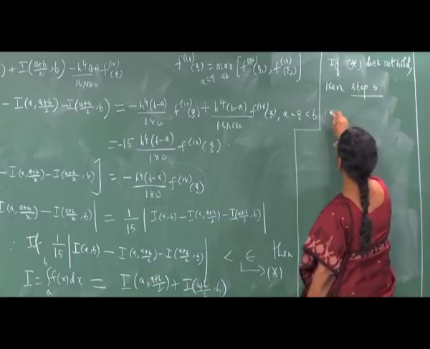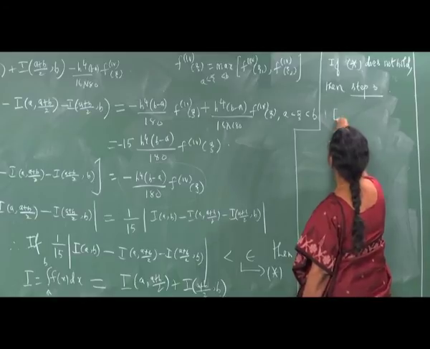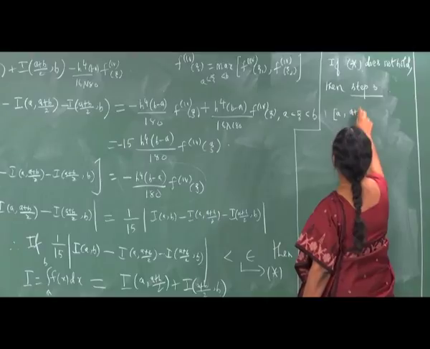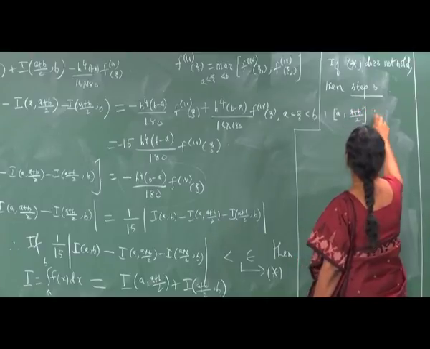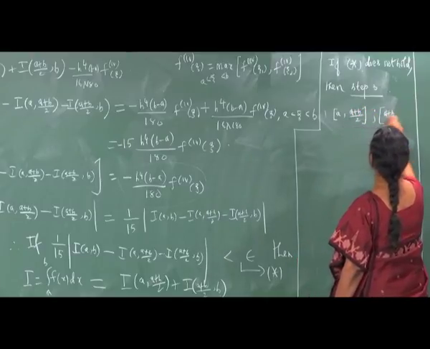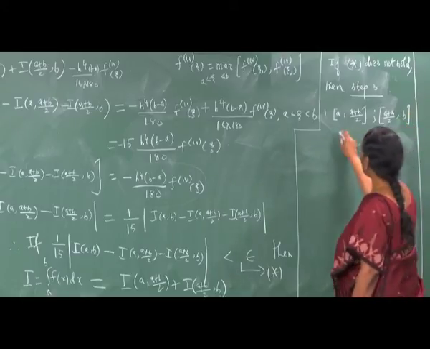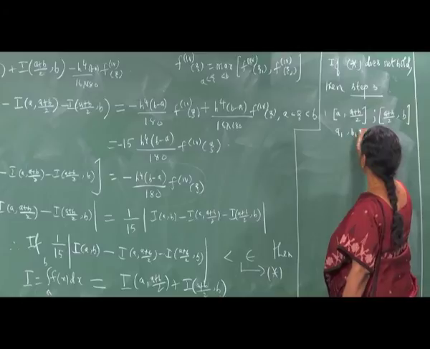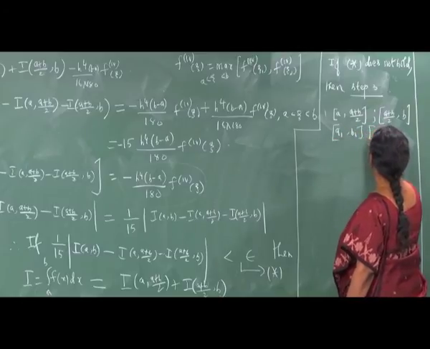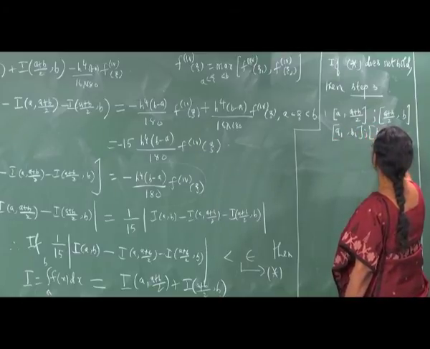Step 3 is take the interval a to a plus b by 2 and the interval a plus b by 2 to b. Call this, say, interval a1 b1 and b1 b.